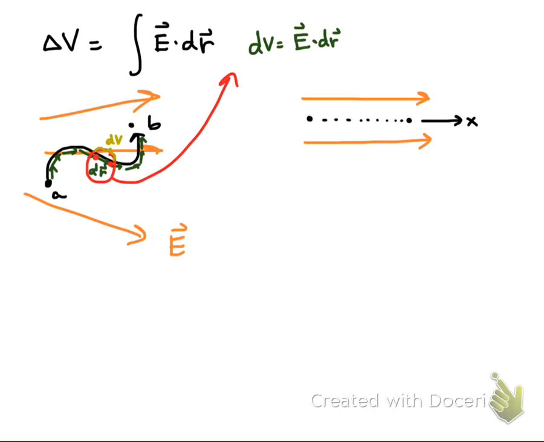So when we write down the dr like this, and if the length of the displacement vector is dx, you can see that we have, in this case, dV, which is equal to E dot dr, is equal to E dx.